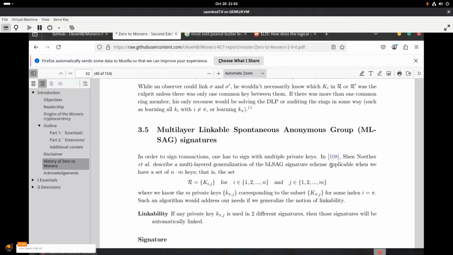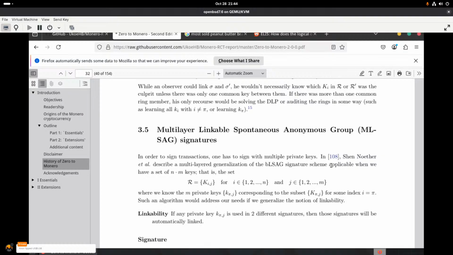That is, the set R equals K_ij for i in 1 to n and then j in 1 to m, where we know the m private keys corresponding to the subset K_pi for some index i equals pi.